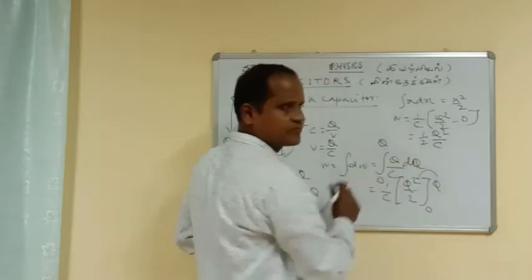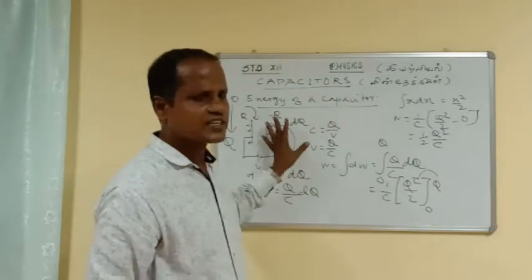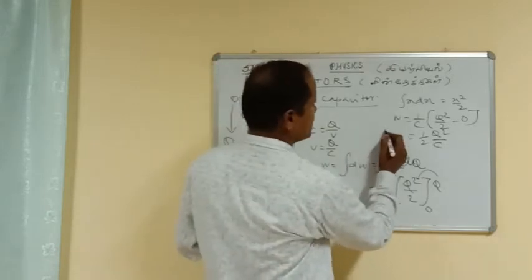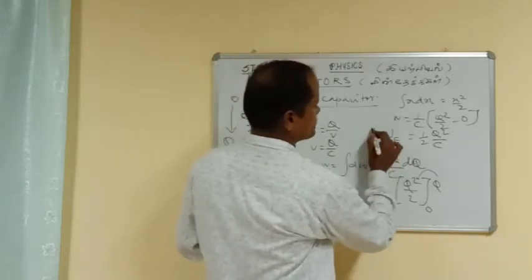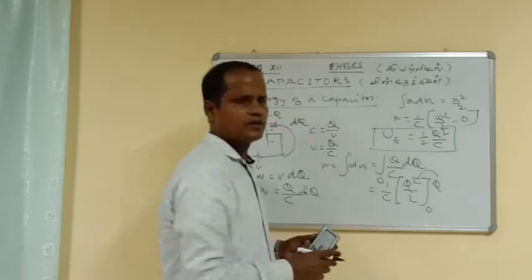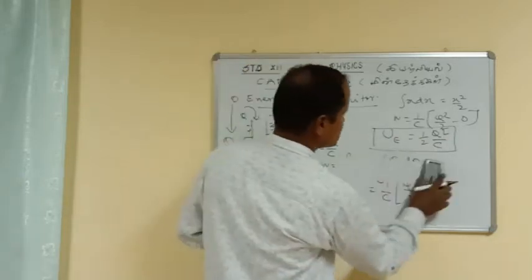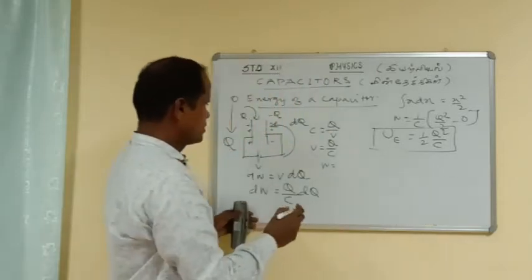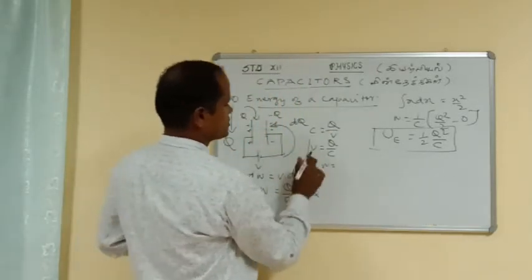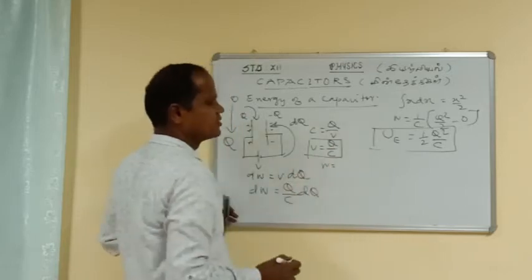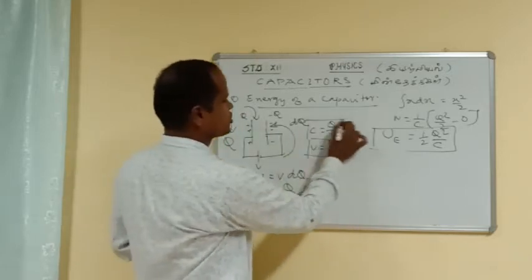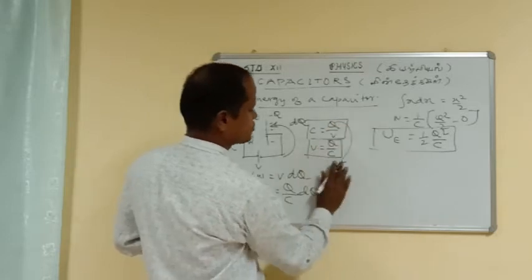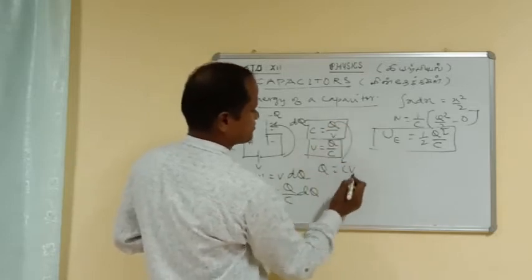This is work done. This work done is stored as energy, so that's why it is called energy stored in the capacitor, UE. Now, you know another formula: C is equal to Q by V, so from this Q is equal to CV.